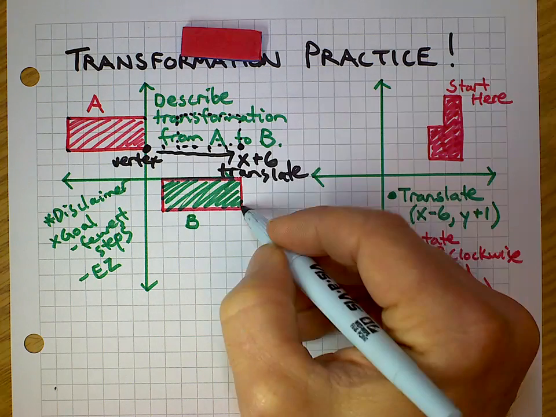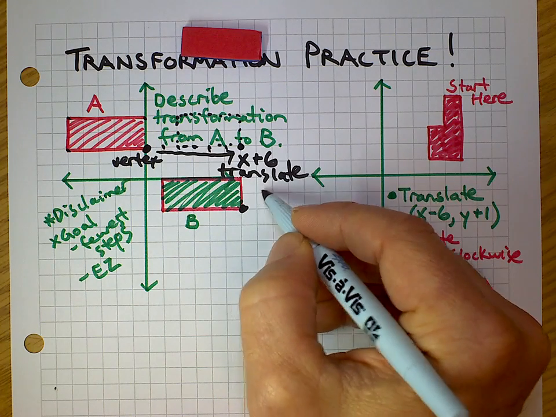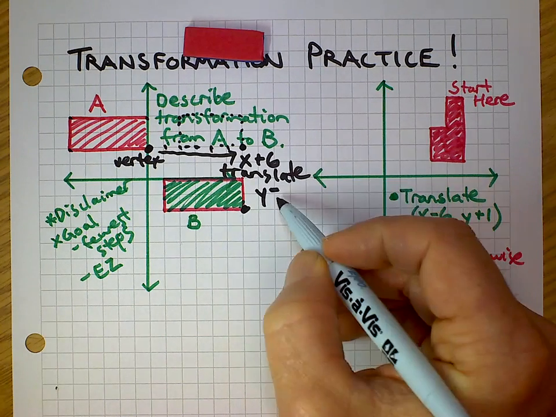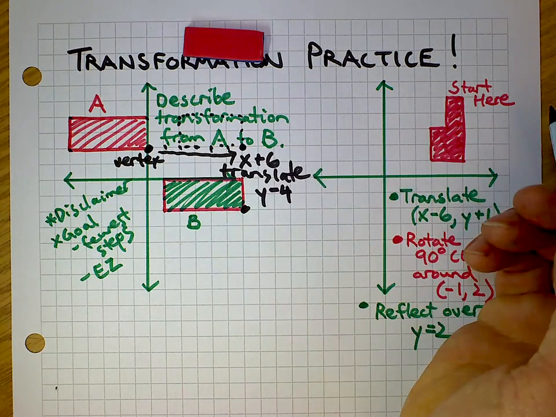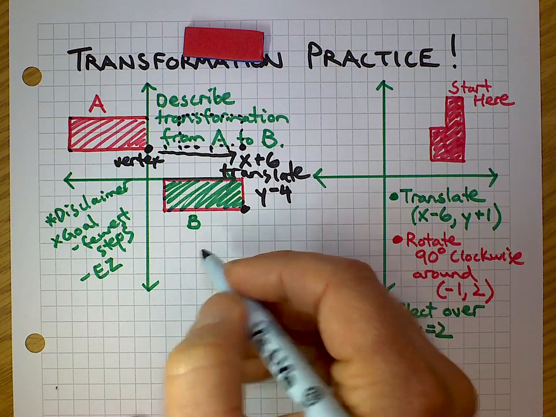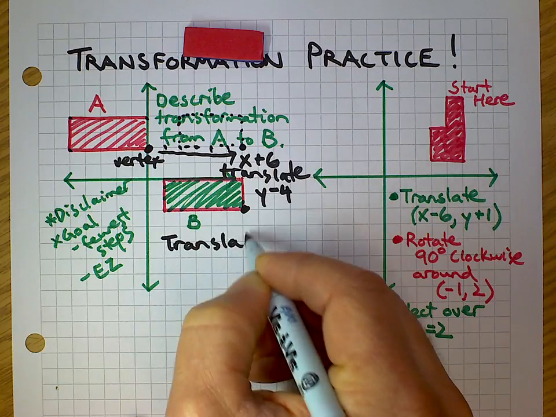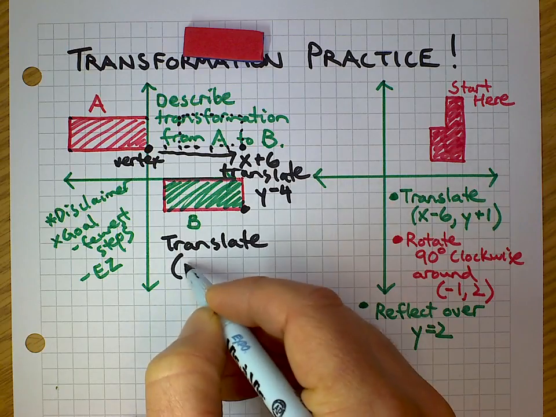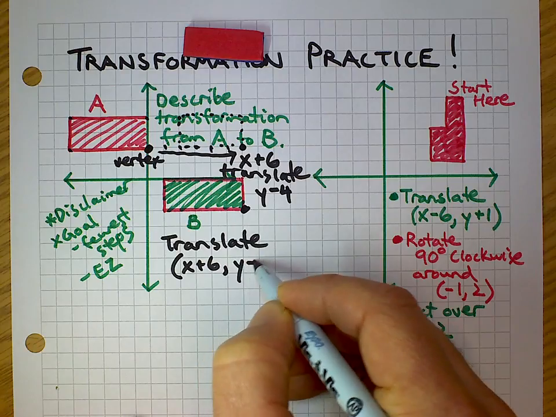And then that same vertex is right here, which is y minus, because it goes down, 1, 2, 3, 4. So here is a great way to write that. Translate x plus 6, comma, y minus 4.